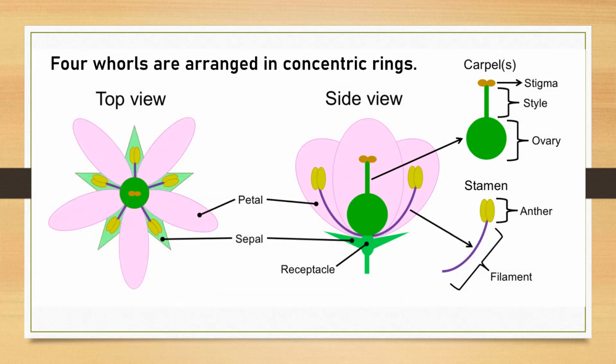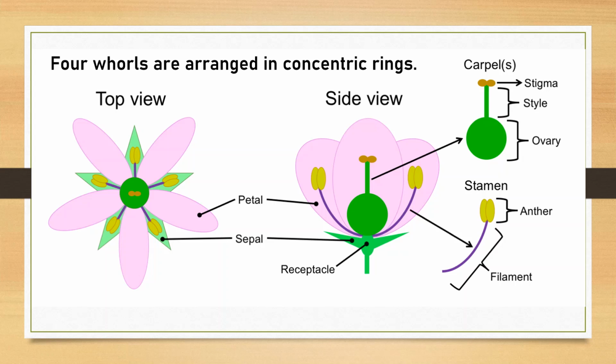All these whorls are arranged in concentric rings. The outermost ring is calyx. Second outer is corolla. Inner to that is a ring of stamens and the innermost ring is gynoecium. Concentric ring means all the rings are arranged around one center.